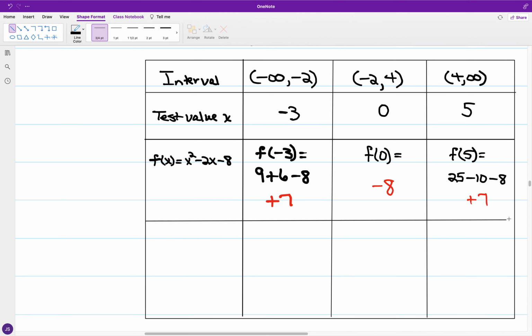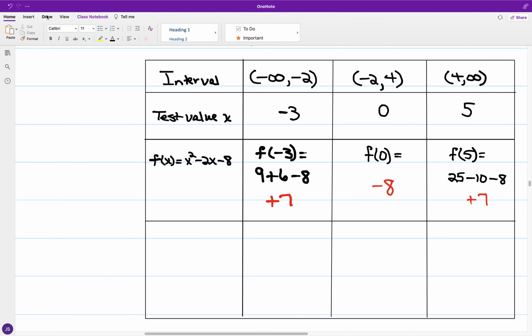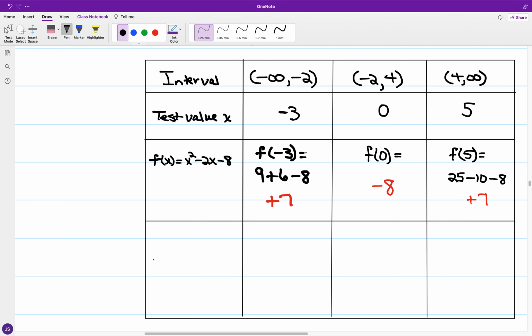So looking at the sign of f of x, in the first case you have a positive output, so f of x is greater than 0.